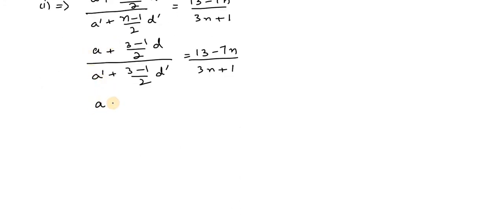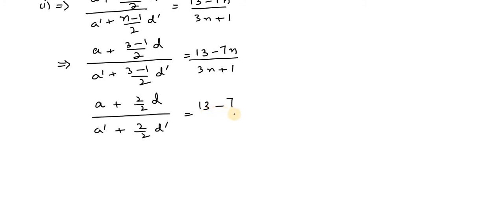So a plus 3 minus 1, which is 2 upon 2 d, upon a dash plus 2 upon 2 d dash, is equal to 13 minus 7 into 3 upon 3 into 3 plus 1. 2 is cancelled with 2.